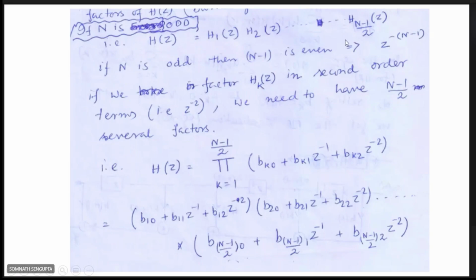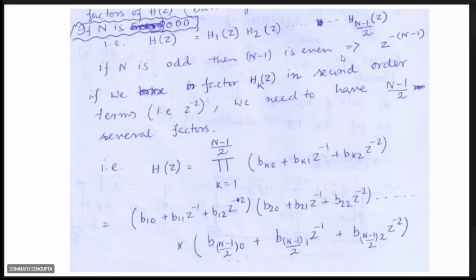So z to the power minus (n minus 1), that means z to the power minus 2 maximum order term is there. So we can represent that kind of expression where n is odd and n minus 1 is even. For those cases, we can factorize in n minus 1 by 2 number of terms, n minus 1 by 2 order terms.